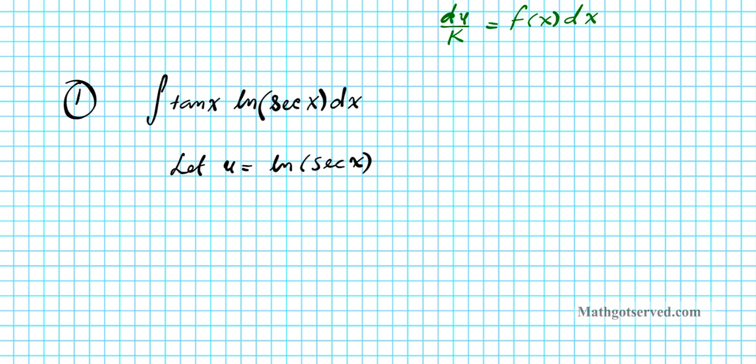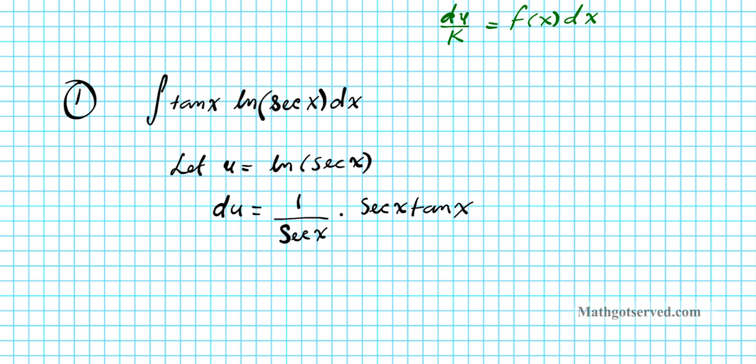Okay. All right. So let's go ahead and differentiate this. We're going to be using the chain rule here. So du is basically going to be 1 over secant x for the outer function times the derivative of the inner function. The derivative of secant x is secant x tan x.